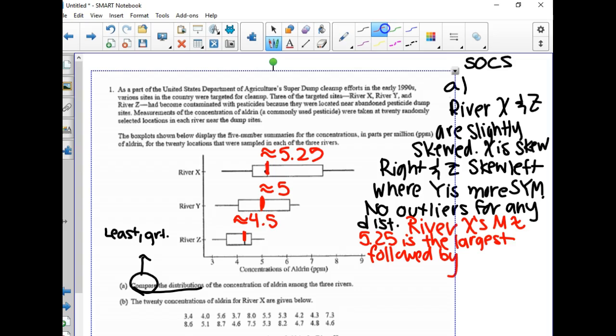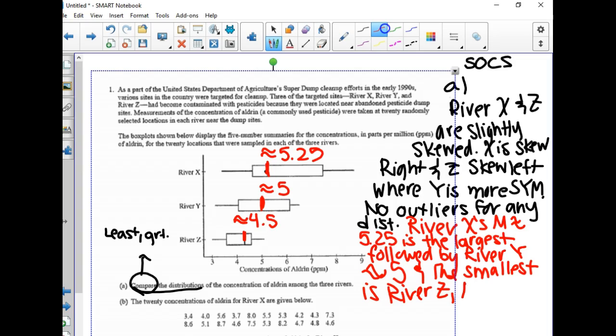The bar is always the median, followed by river Y, which is approximately 5, and the smallest is river Z. The median is approximately 4.5.